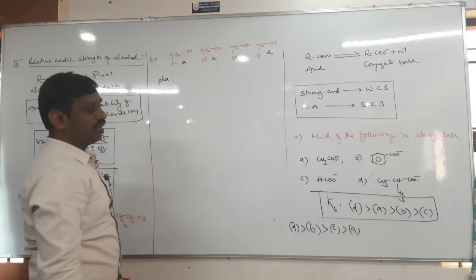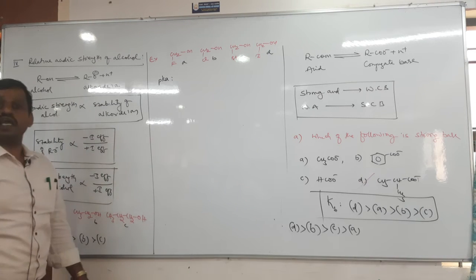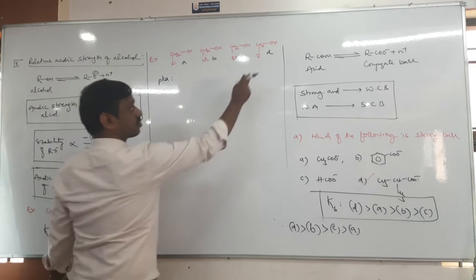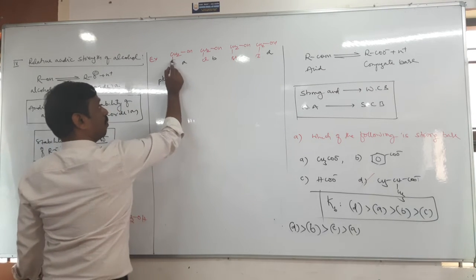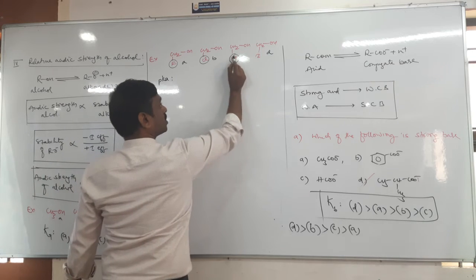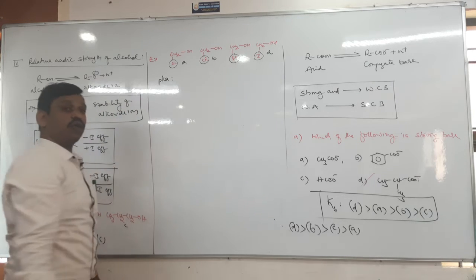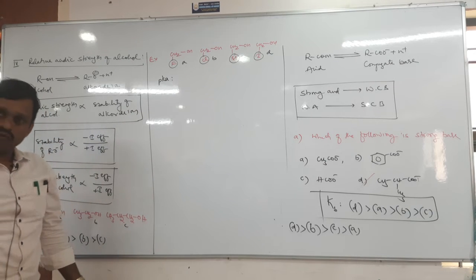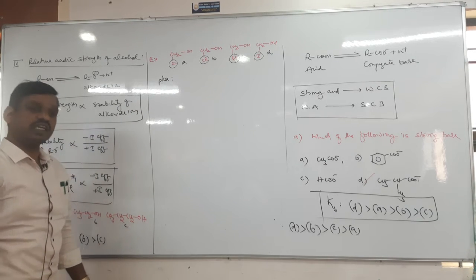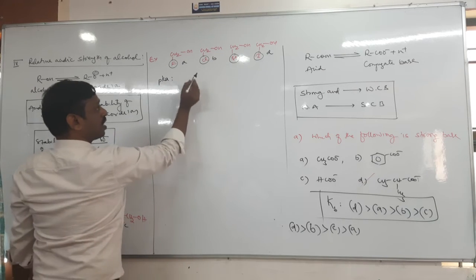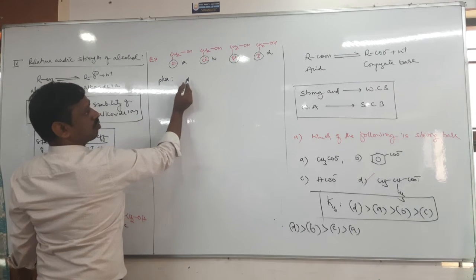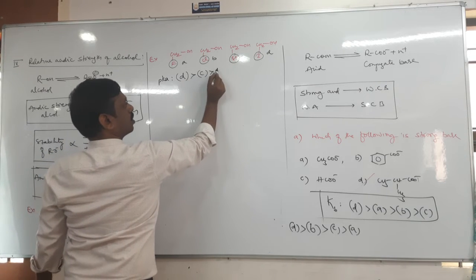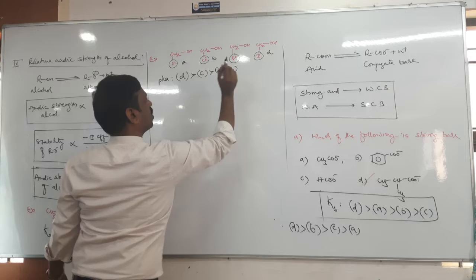Highest pKa means lowest Ka, which means least acidic. Which is least acidic? D. Because all are minus I groups, but as the electronegativity of the minus I group decreases, its minus I effect decreases. So the pKa order, which is more: D, then C, then B, then A.